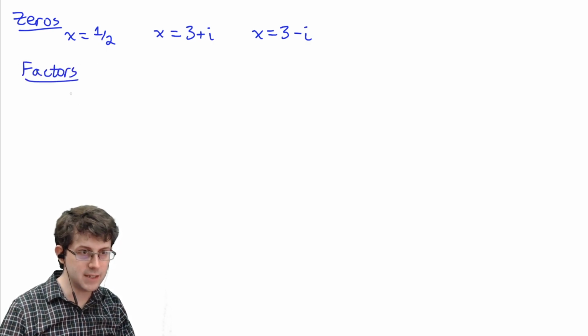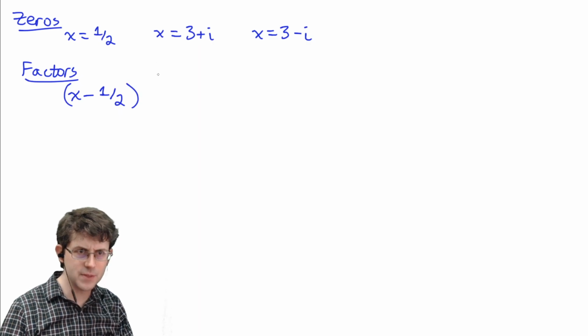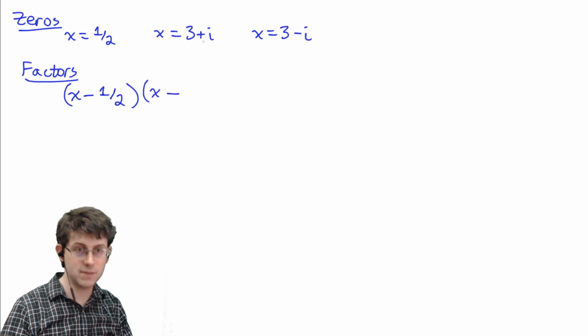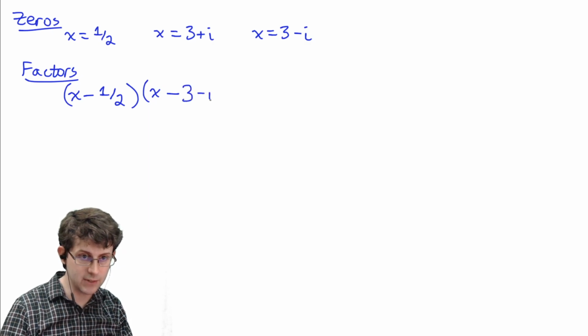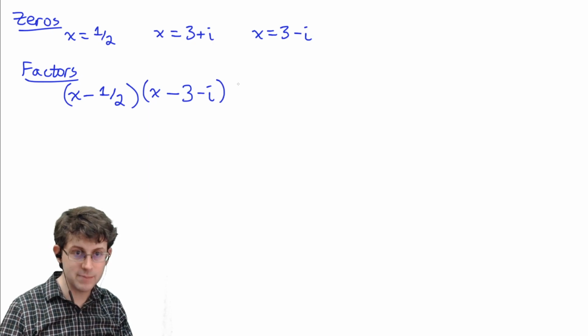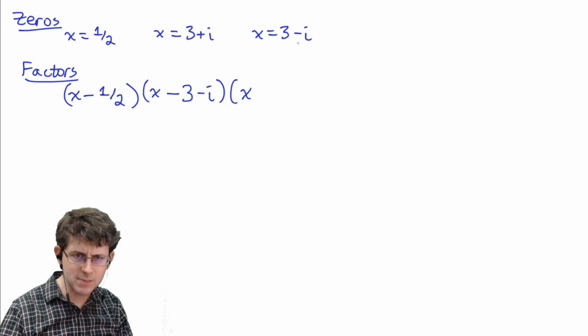So for x equals a half, the factor is x minus a half. No problem. For x equals 3 plus i, I have to do x minus (3 plus i), so you have to subtract 3 plus i here. It goes like this. Finally, I have to do x minus (3 minus i). So I have to subtract 3 minus i. That means I'll get minus 3 and plus i.